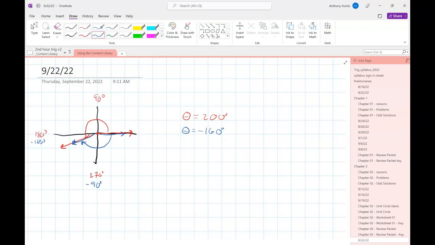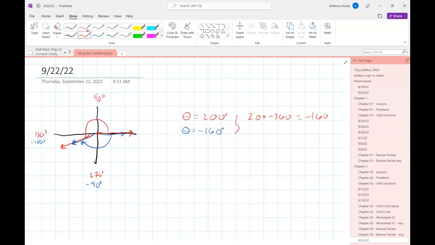Is that okay? If I want angles coterminal to one of these, I can get that by just adding or subtracting 360. Notice that these angles are coterminal, and 200 minus 360 is negative 160.